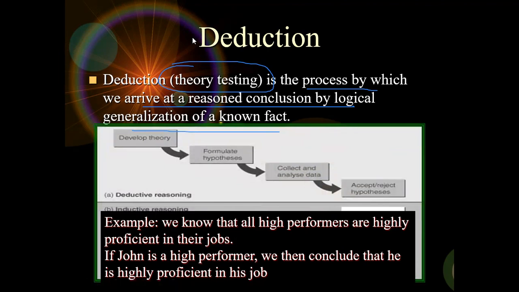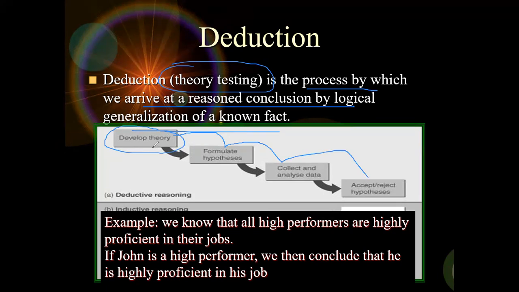Remember, theory is a generalized relationship. So if we have a generalized relationship in our hand, like a motivational theory, like Maslow's hierarchy theory of needs, like any theory, you name it, that is a generalized relationship. So you basically create some hypotheses, testable statements about that theory, and then collect data and analyze the data, and then accept or reject the hypothesis.